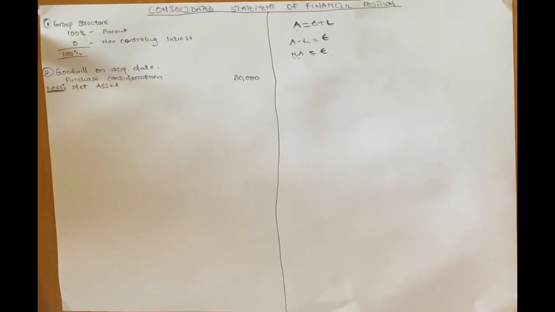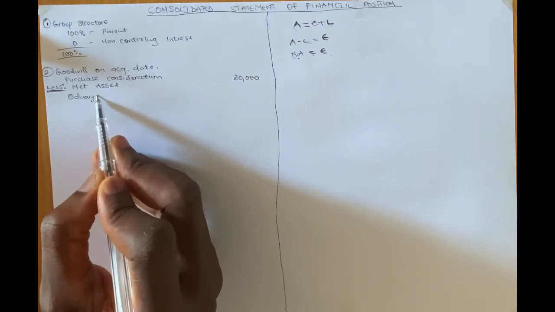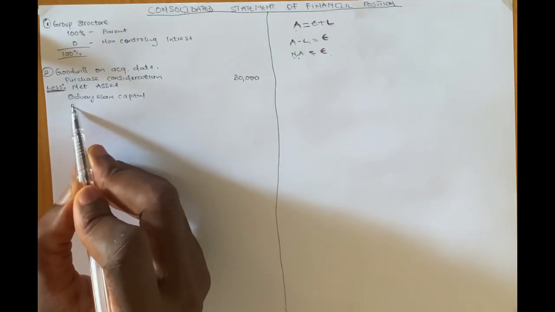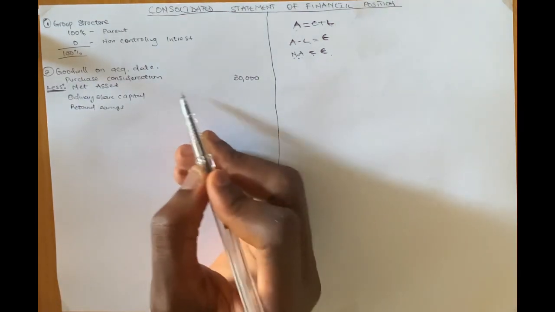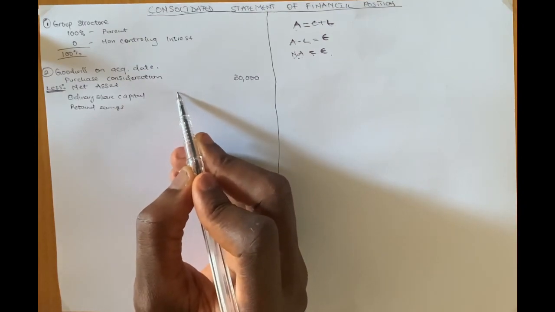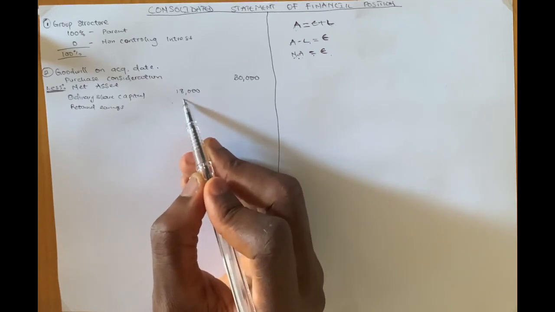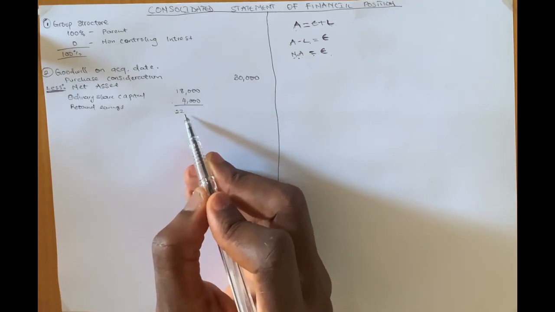So in this question, our equity value or our net asset value are the ordinary share capital and retained earnings. Because we are buying S Limited, we are picking the value from S Limited, 18,000 and 4,000, that is 22,000.